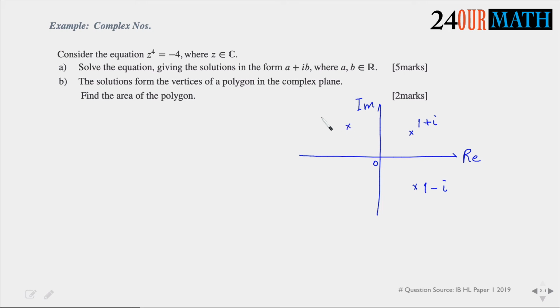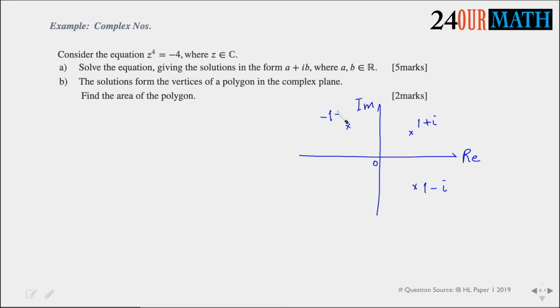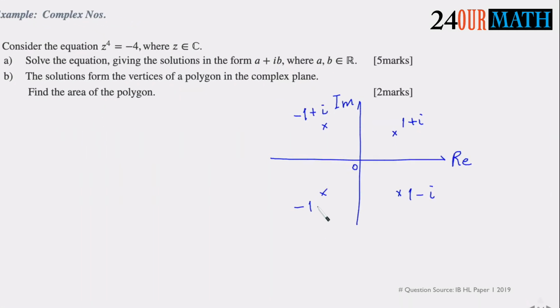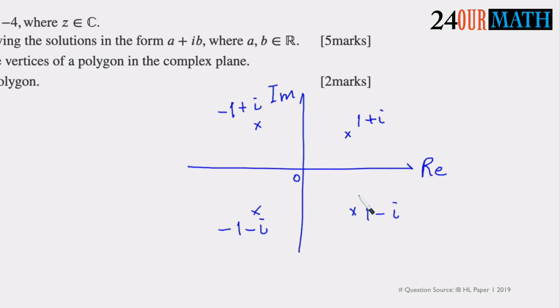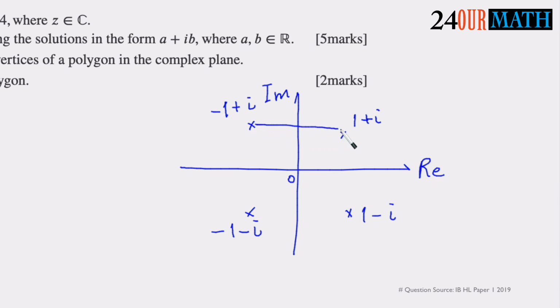Similarly, negative 1 plus i and negative 1 minus i. So this is actually a square with each side equal to 2 units.